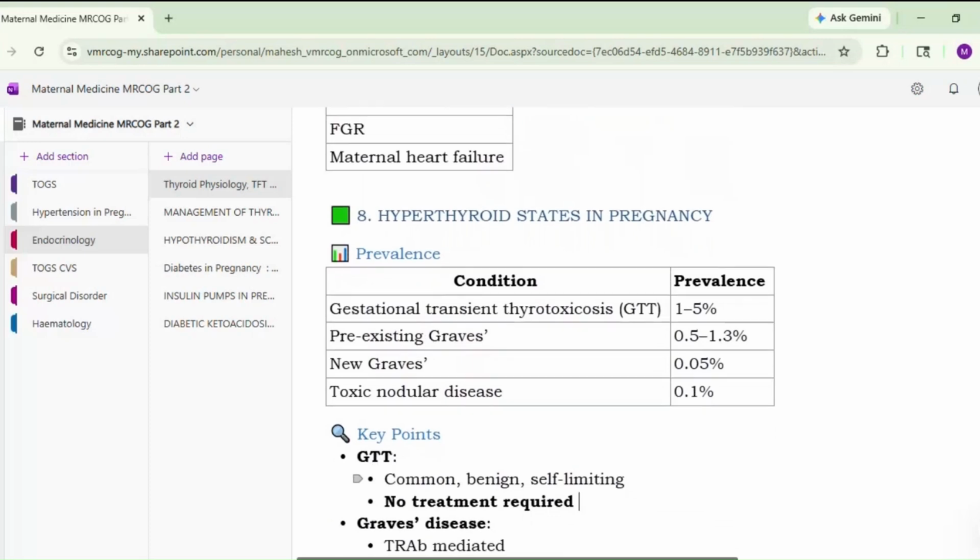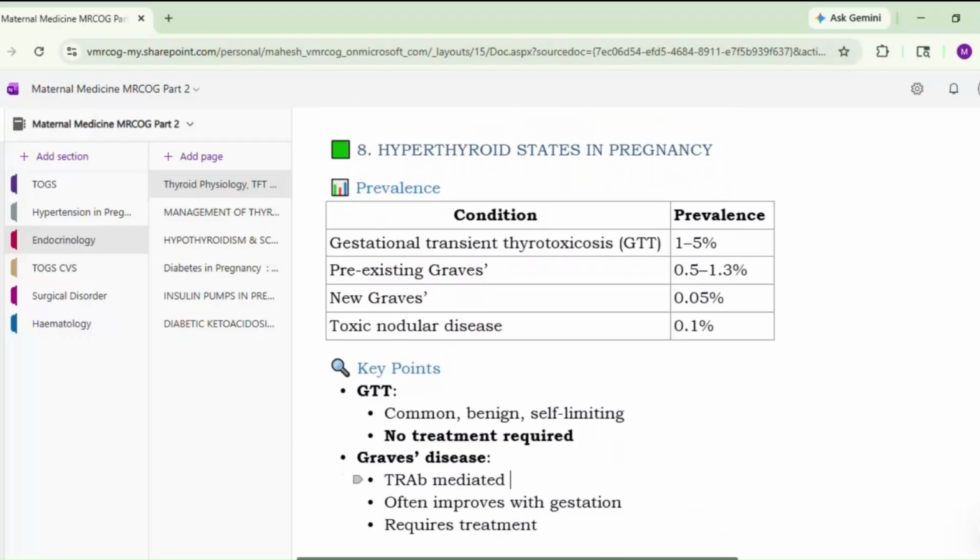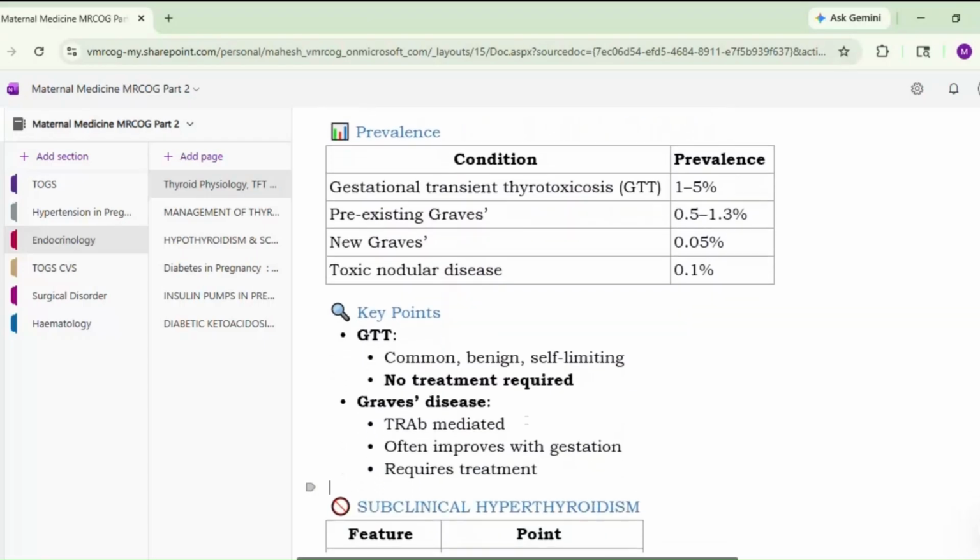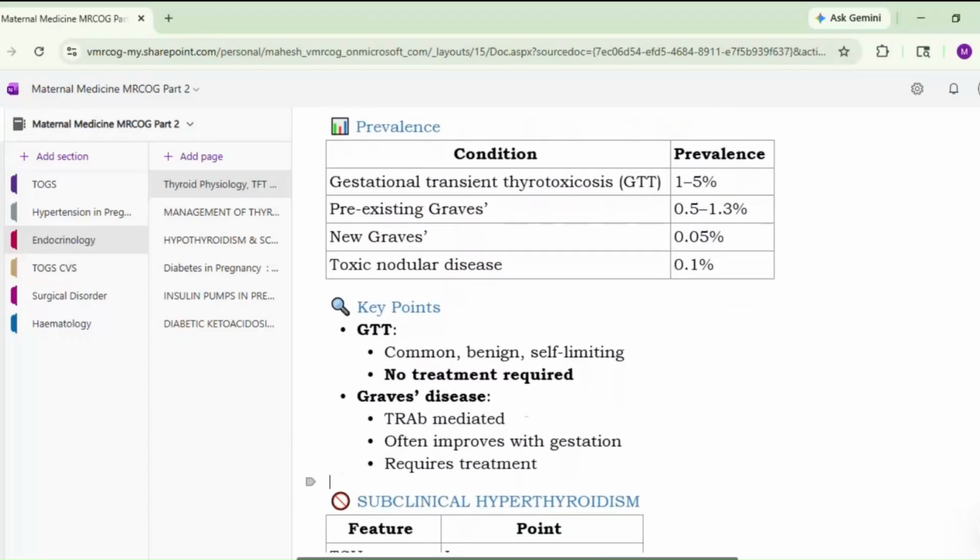So, first is gestational transient thyrotoxicosis. It is quite common, around 1 to 5% of cases, but it is a benign, self-limiting condition, and no treatment is required. And this is very important: when you diagnose thyrotoxicosis, you need to differentiate it from Graves disease because the management is totally different.